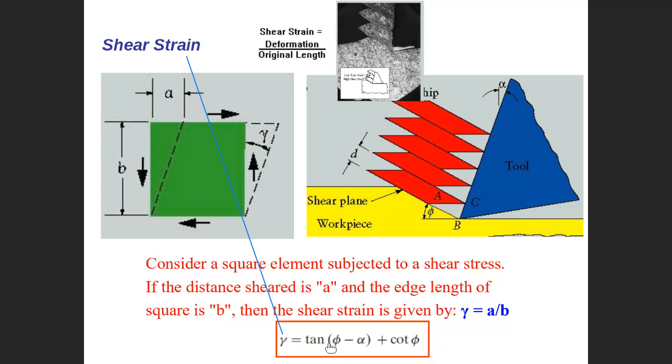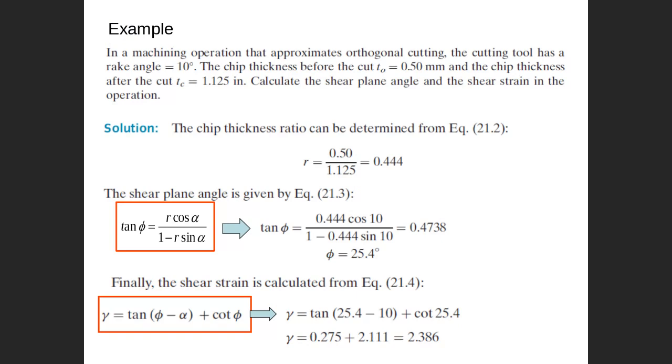Here phi is the shear angle, alpha is the tool angle, plus cotan phi. This is the shear strain obtained based on the deformation, as I told you.